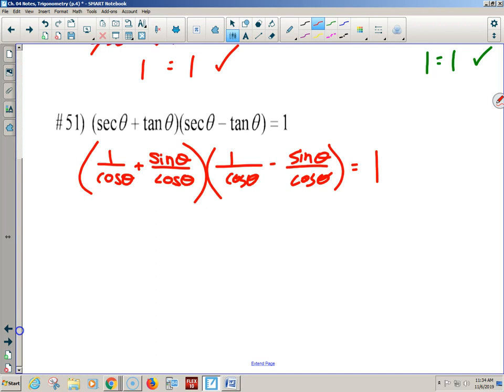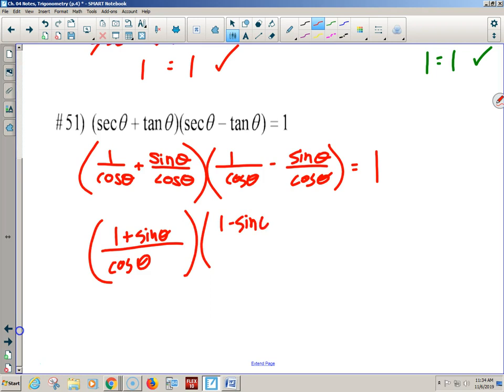It's supposed to equal 1. I'm not sure I see it yet. Wait, fractions. What do we do if we have common denominators? So now what?